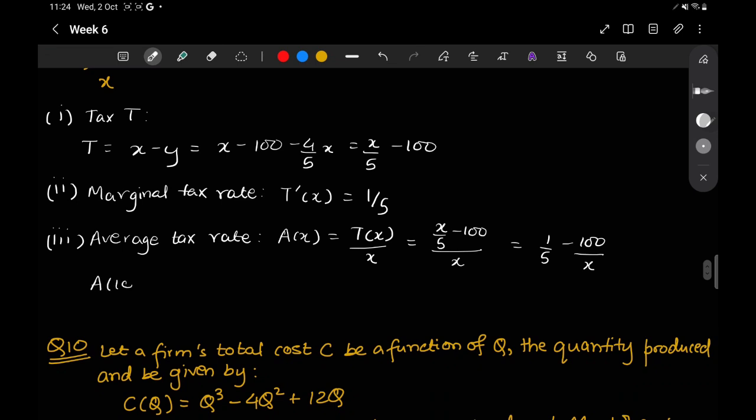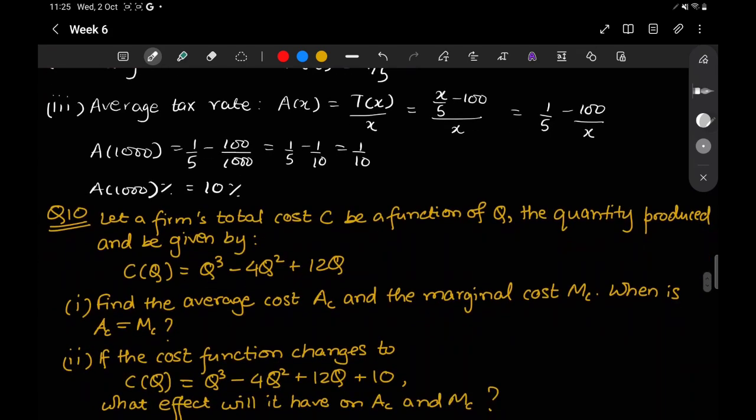Now at x equals 1000, this becomes the following. So in percentage, this is 10%. So 10% is the average tax rate.